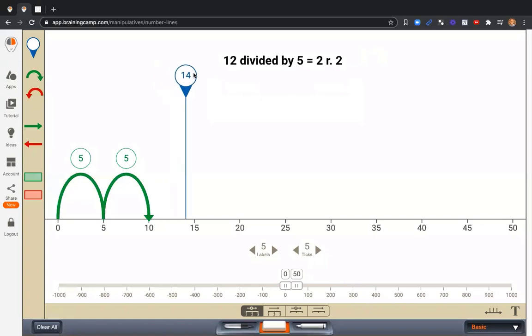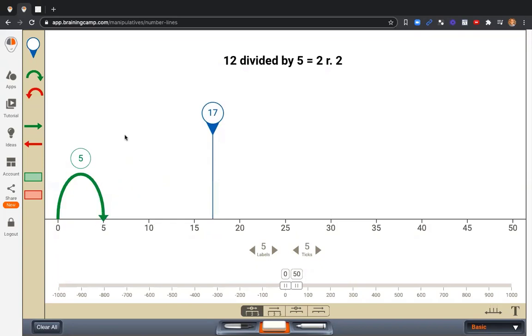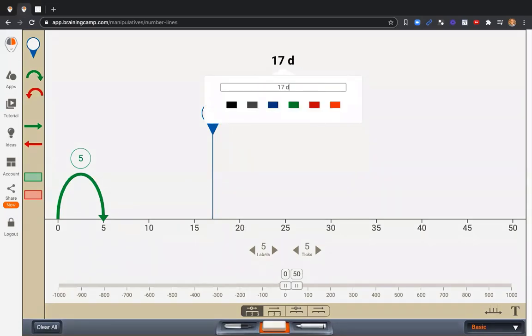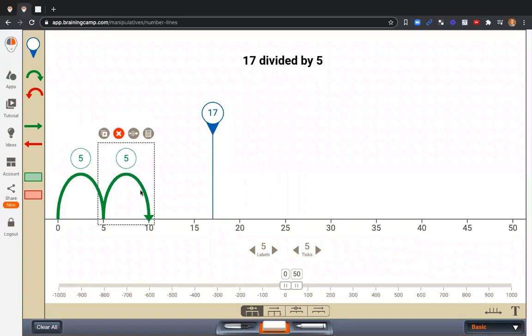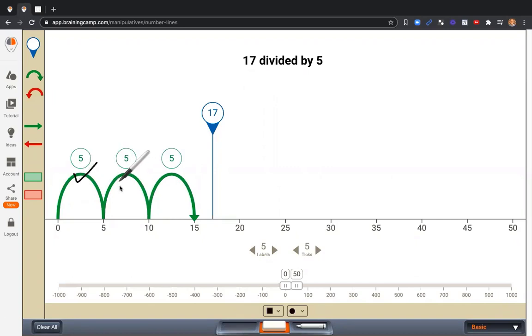Now, if I start with 17, how many groups of 5 can I make out of 17? Or to use the word divided, 17 divided by 5. We'll start with a 5 and make a jump. So 5, 10, 15. I have 1, 2, 3 groups of 5 that I can make if I start with 17.